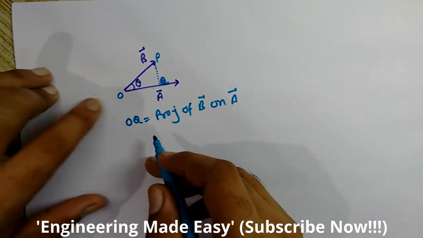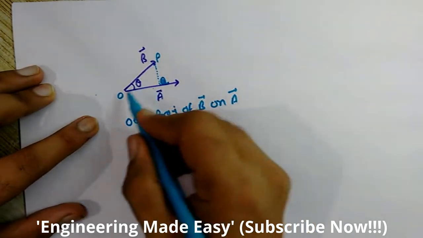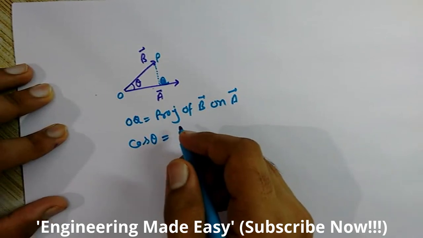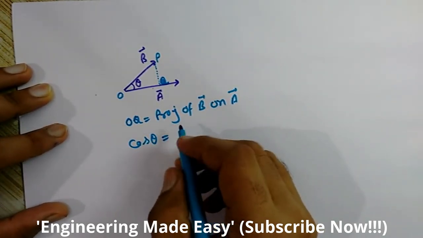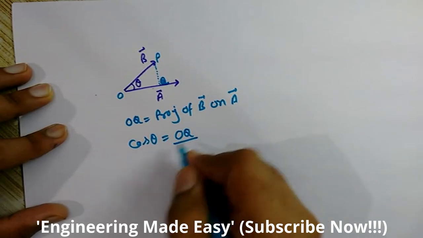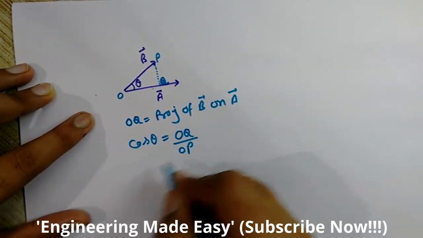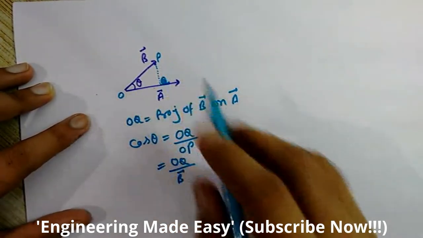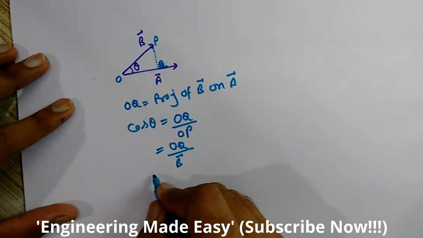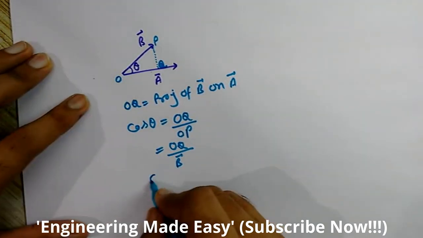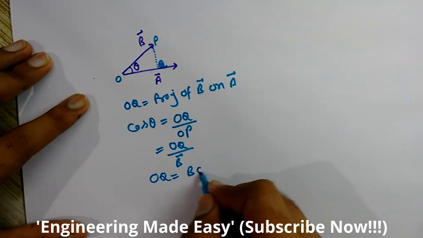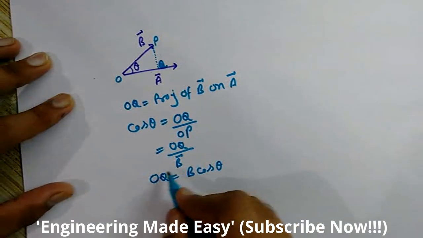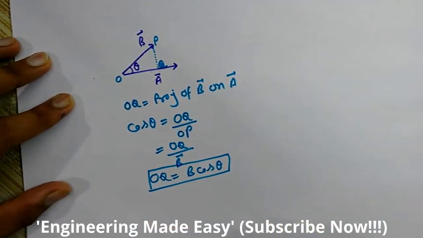So what is the length of OQ? Since we know that cos theta is equal to OQ divided by OP, and OP is vector B, we can say that this length OQ is equal to |B| cos theta.